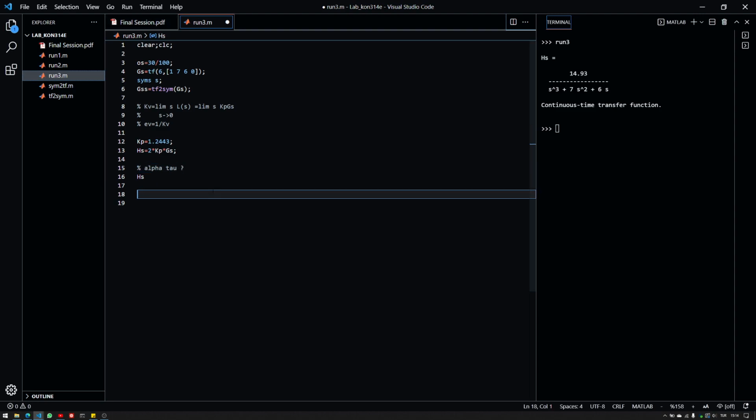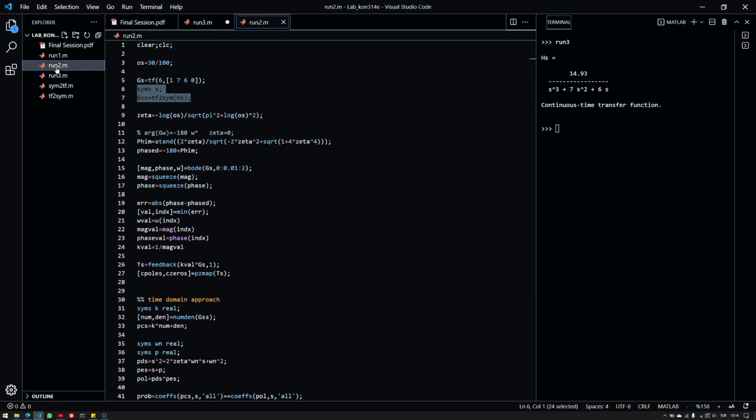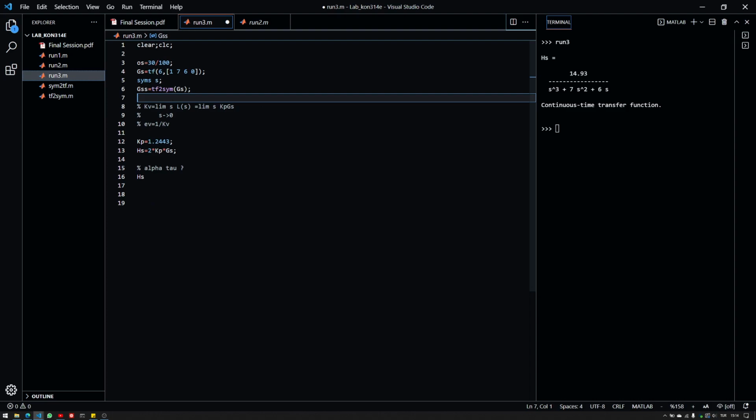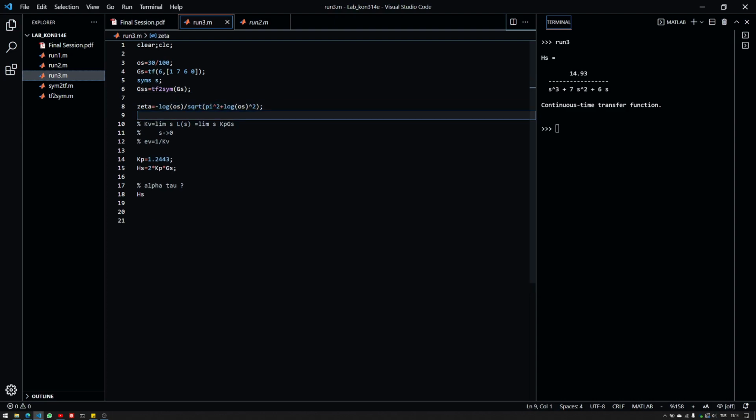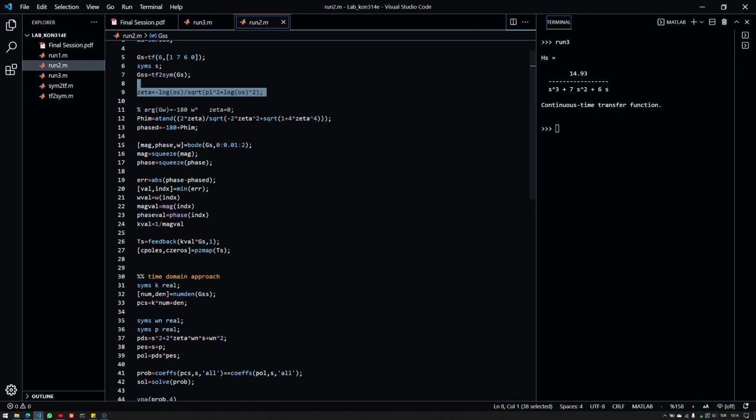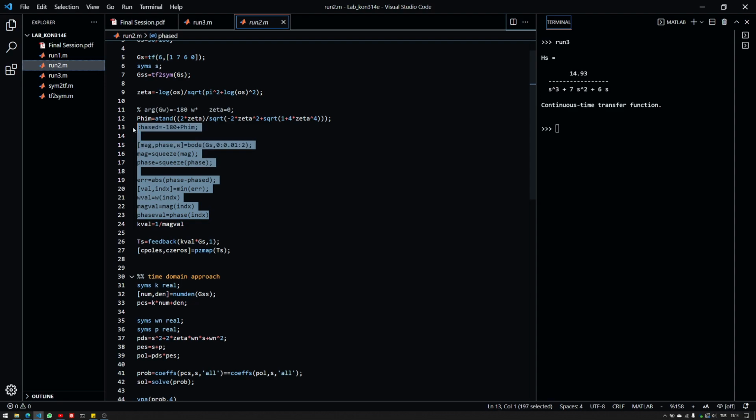So how can we do this? For this to be possible, we need the zeta value here. Once you've designed your P-type controller, you would have these already calculated. And we also need this one here. And maybe I can also go ahead and copy this part here too, because that's also necessary.